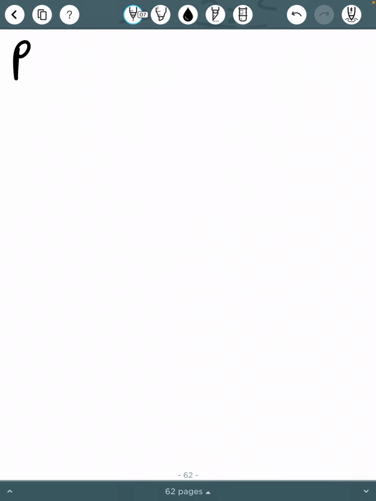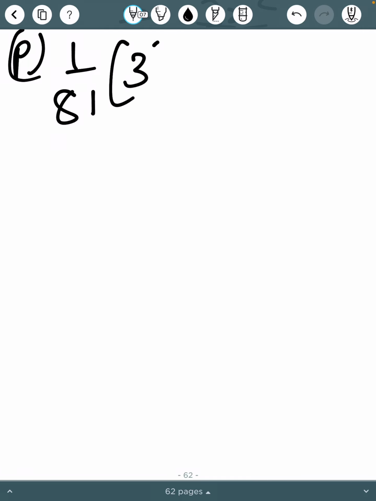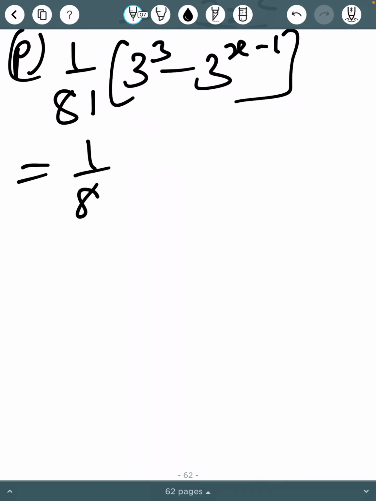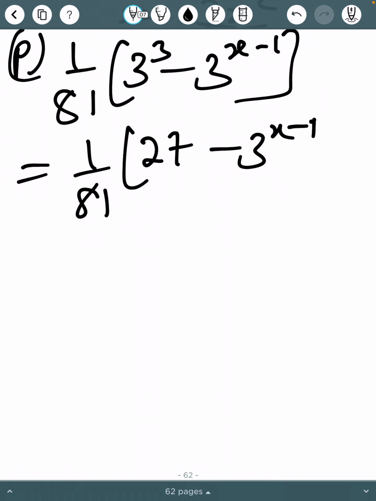I think we are almost done with this exercise. Question P is 1 over 81 open bracket 3 raised to power 3 minus 3 raised to power x minus 1. That's the same as 1 over 81 open bracket 27 minus 3 raised to power x minus 1. Let me multiply.